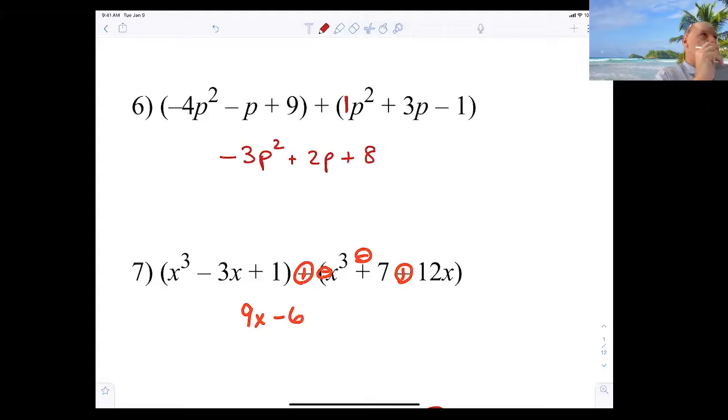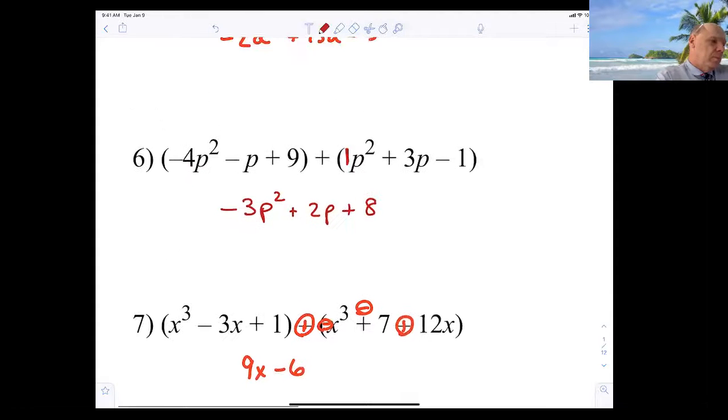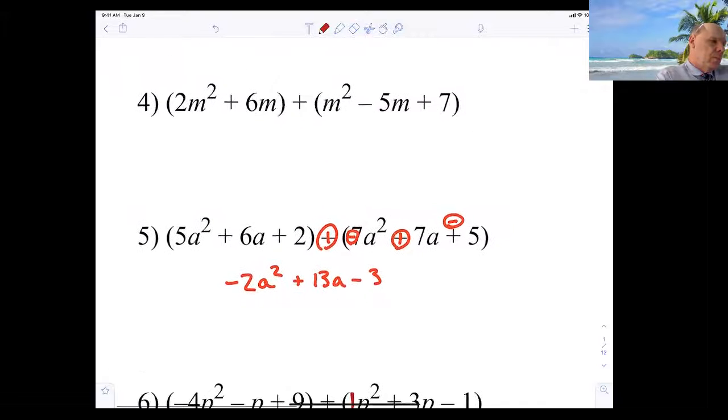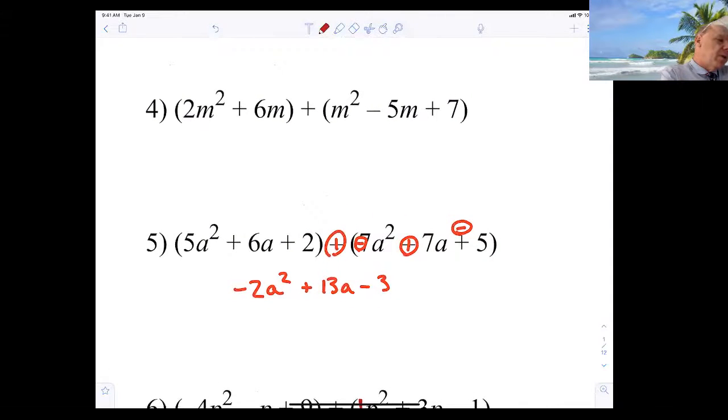Everybody good with that? Again, adding, combining terms. 3m squared plus m plus 7. Bless you.